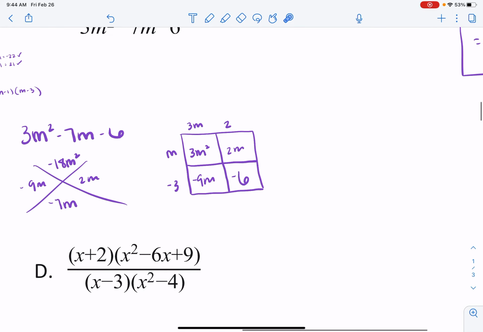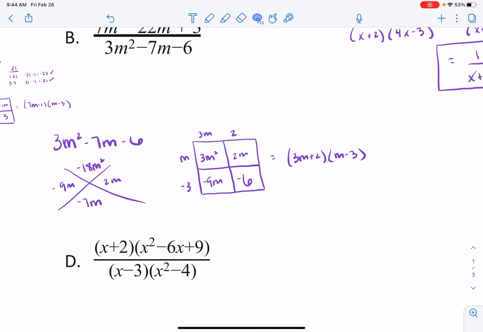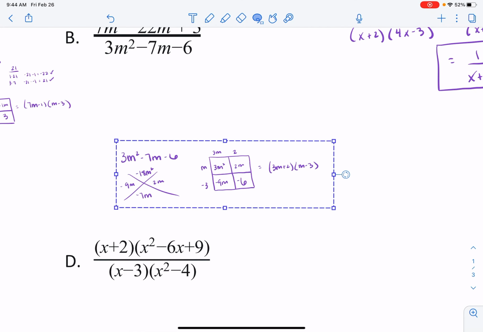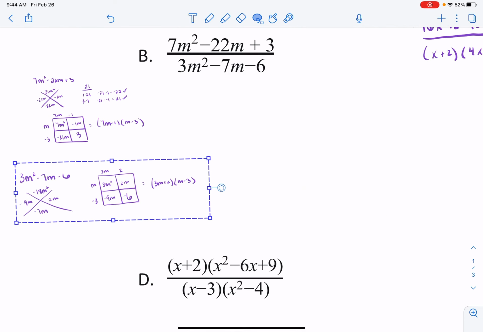So that leaves me with 3m plus 2 times m minus 3. Okay, so now that we've factored, now we can start replacing and simplifying here.